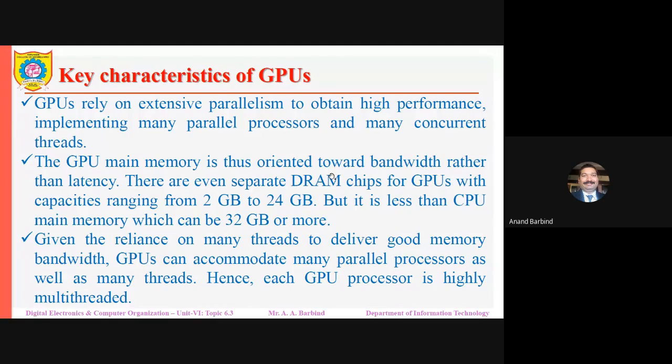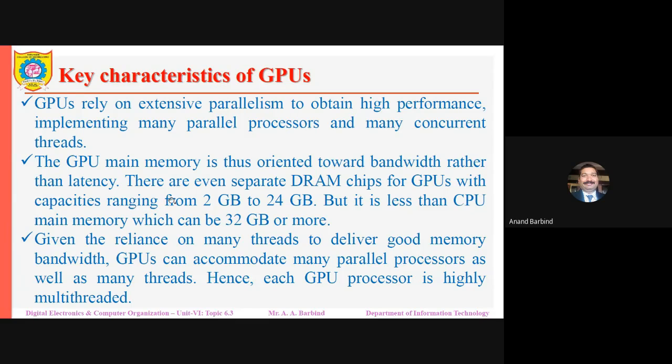So the memory used with the graphics processing unit is separate. You might have heard that the GPU comes with special graphics RAM. That particular RAM is exclusively used by that graphics processing unit.